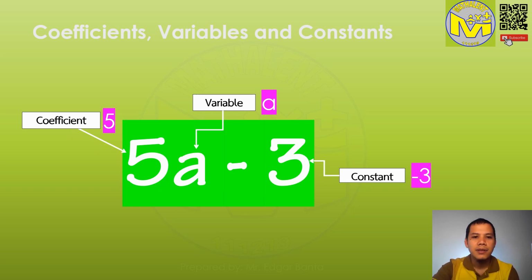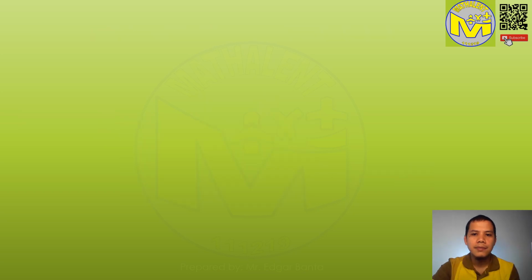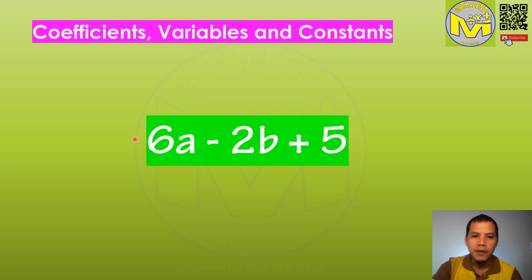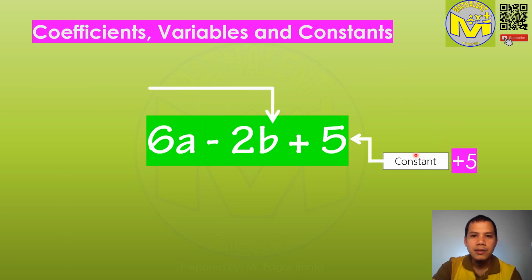Now, another example. Okay, another expression. We have this expression. Now let's identify the coefficients, variables, and constants. First, what is 5? 5 is a constant. What is b? Correct. b is a variable.